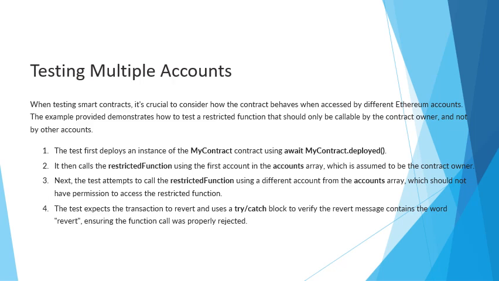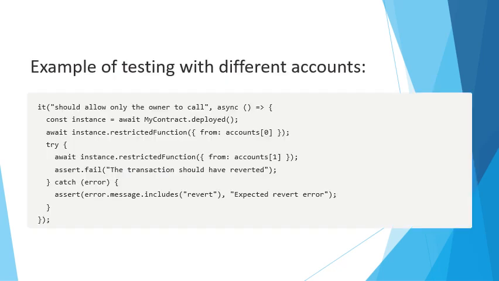When testing smart contracts, it is important to check how the contract behaves when accessed by different Ethereum accounts. The example given shows how to test a restricted function to be only called by the contract owner. The test first deploys an instance of MyContract using the await keyword.